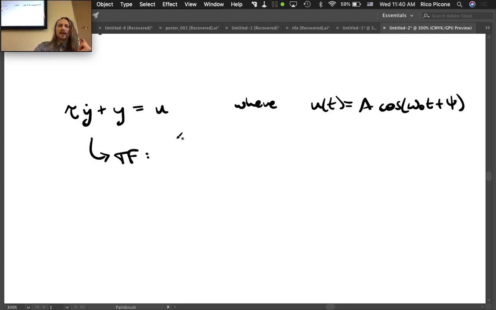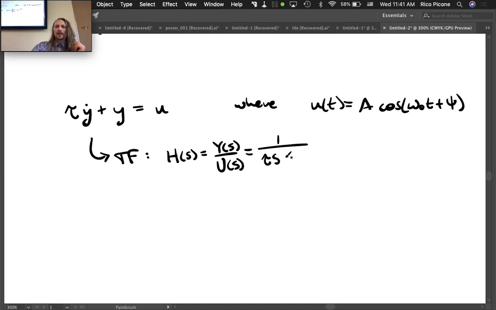So the output over the input is H of s, which is equal to the output Y of s over the input Laplace transform U of s, which equals, in this case, 1 over tau s plus 1. Remember, for each time derivative, you get an s, right? Okay. So now we've got that.